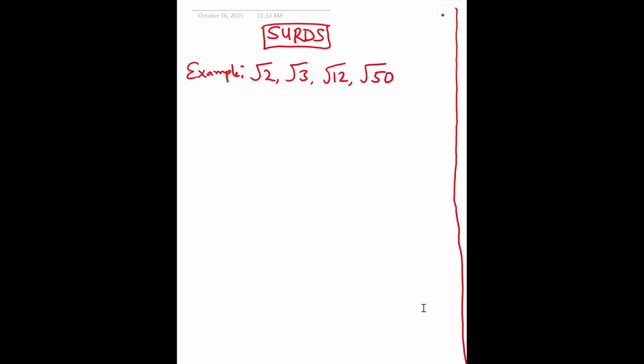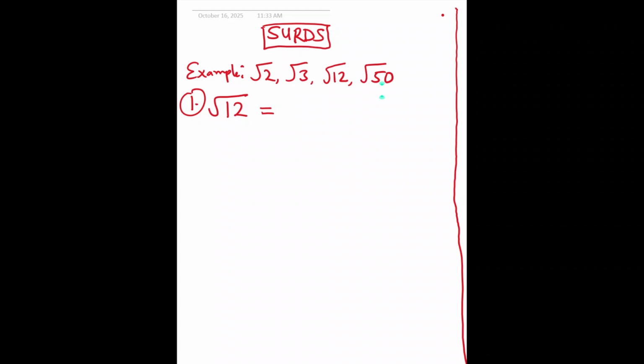So I'm going to do some examples. Number one, let's simplify root 12. If we do 2 times 6, that will give us 12, right? But we cannot find the square root of 2, and we cannot find the square root of 6.